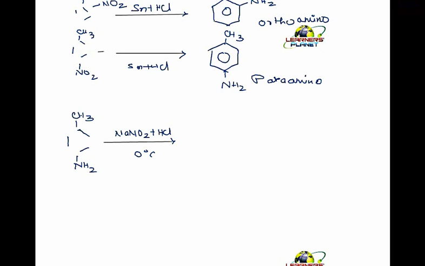What will be the product formed here? It would be CH3 and N2Cl. Now this is treated with cuprous bromide. So what will happen? The N2Cl will be substituted by bromine. So you have got this, that is, this is CH3 and this is Br.